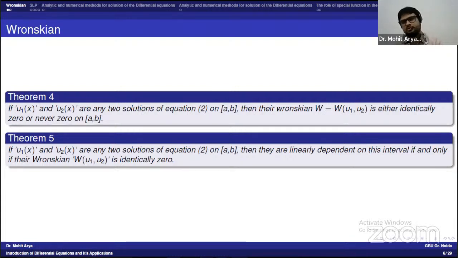So theorem 4 says that if we find the Wronskian and it is identically 0, then these two solutions u1 and u2 will be linearly dependent.